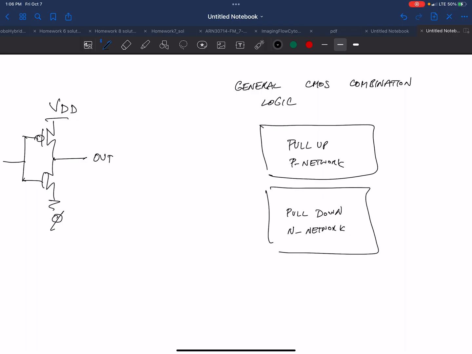The P network is hooked up to VDD. The N network is hooked up to ground. Where they connect together is the output. And the inputs go to both sides. And so that's a general case.